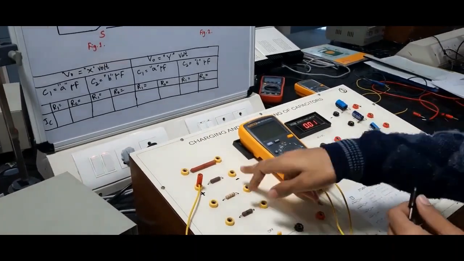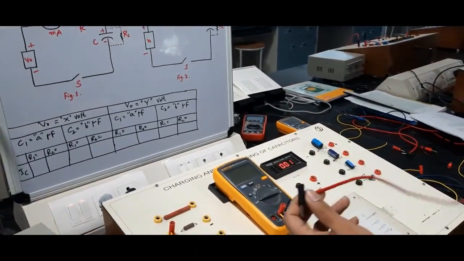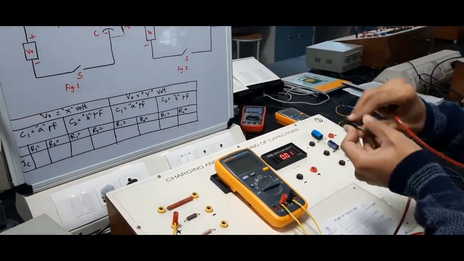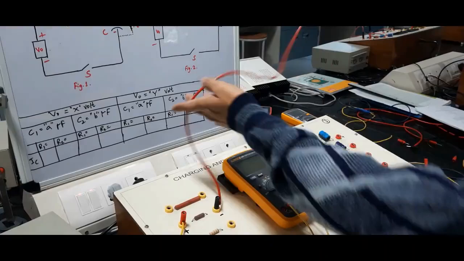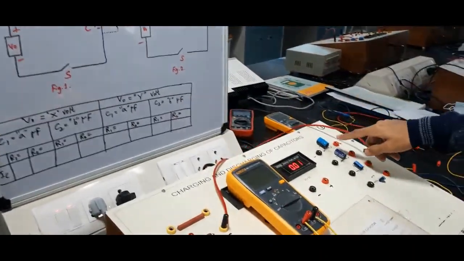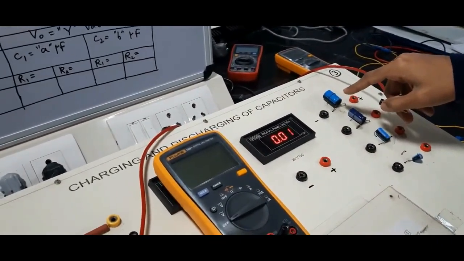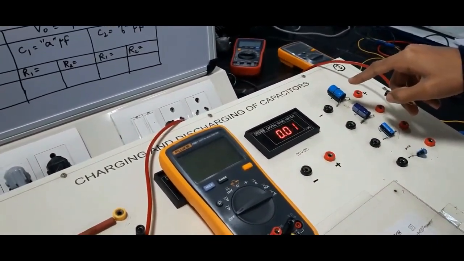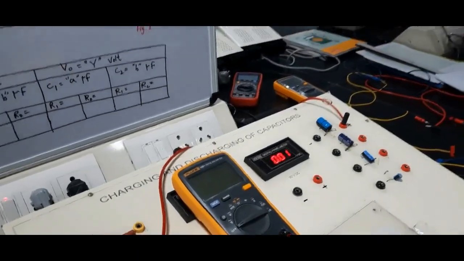Now the negative of the resistance goes to the positive of this capacitor. For our convenience, we will consider a 2200 microfarad capacitor. So the negative of the resistance goes to the positive of the capacitor.